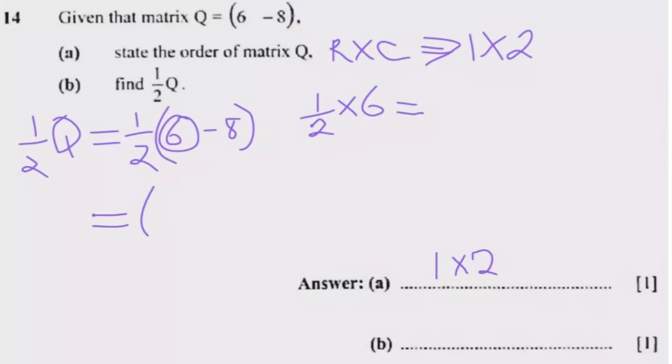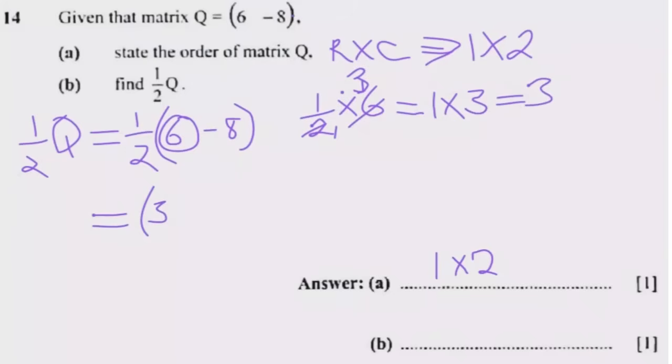So 6 divided by 2. Or you can say 2 into 2 is 1, so we cancel 2 down. Then 2 into 6 will give us 3. That means 1 times 3 will give us 3. So here, 3.